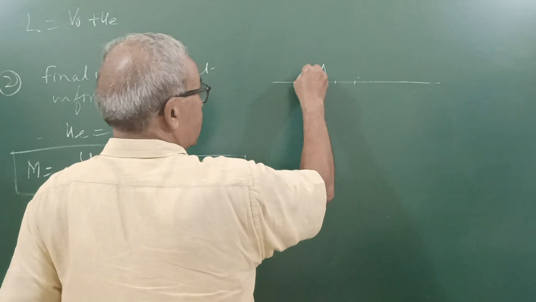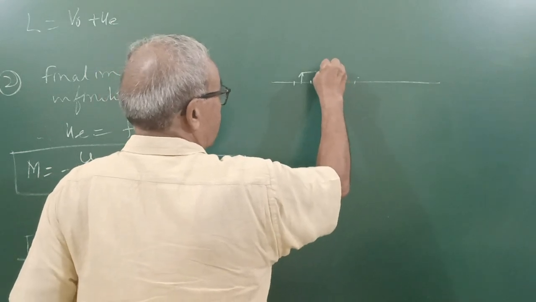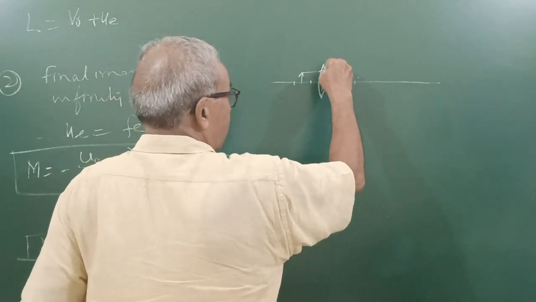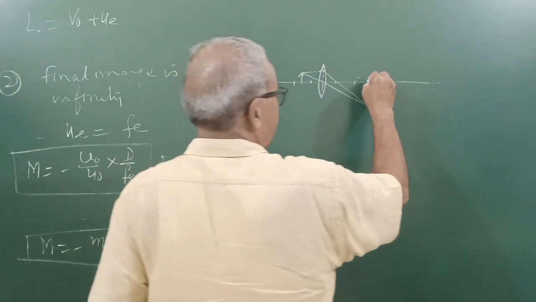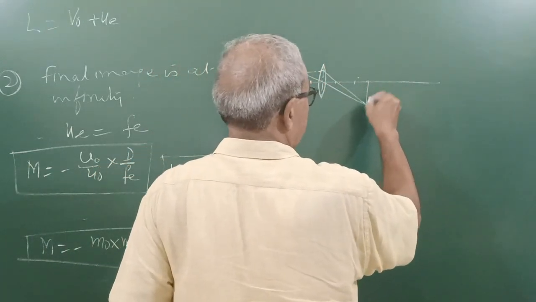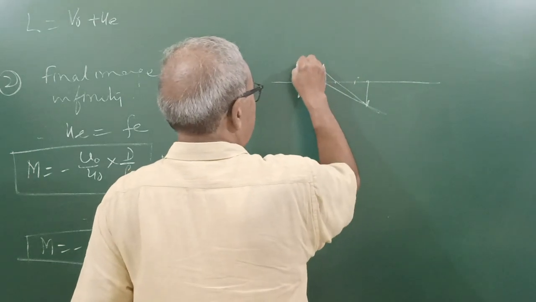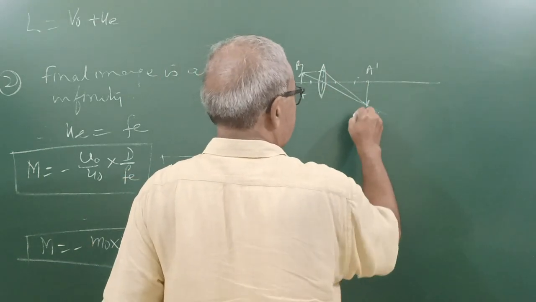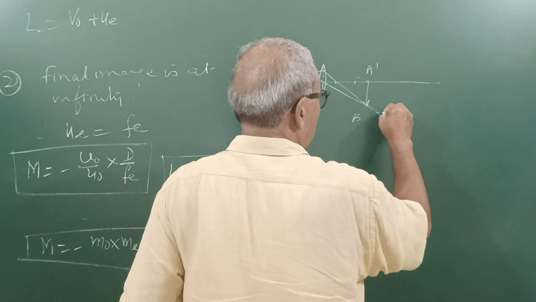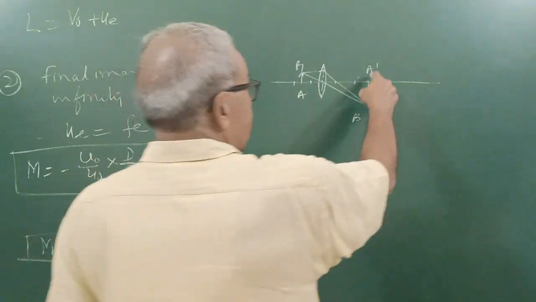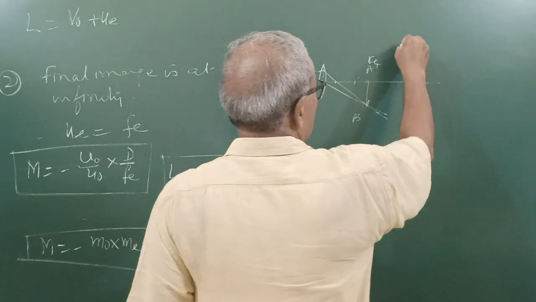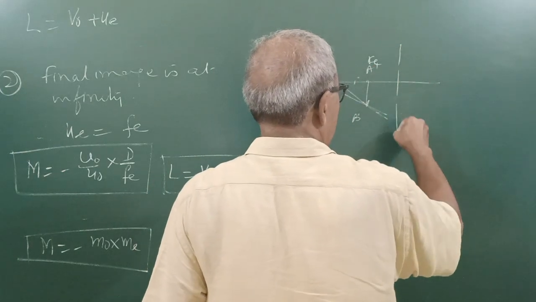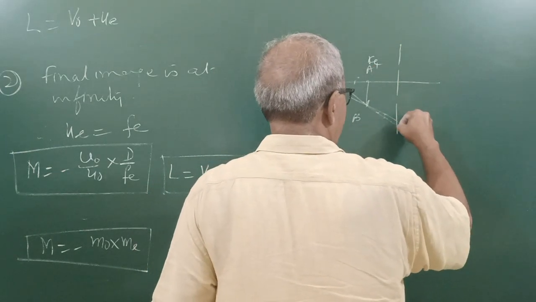Here the object is small, and this is the principal axis. Here you get a larger image A'B'. Now, when the final image is at infinity, this image A'B' should lie at FE. So you draw a diagram of the objective lens like this.